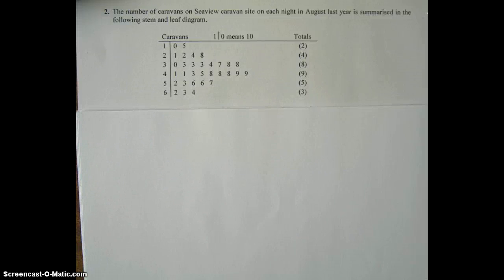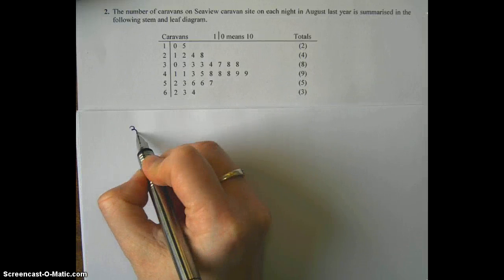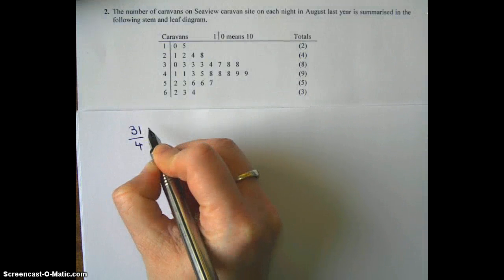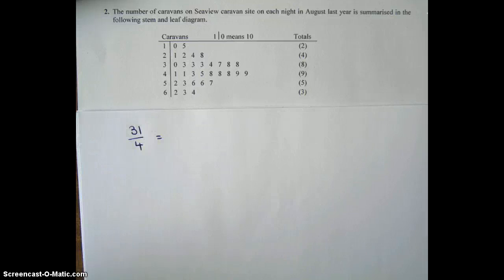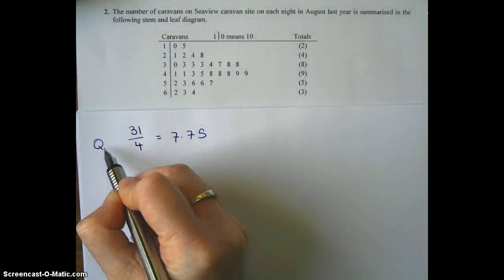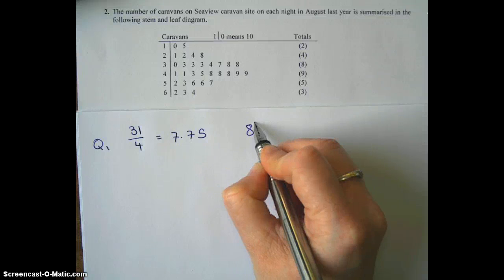We know each individual value. So, 31 divided by 4 is going to give us 7.75. So, to find Q1, we must go to the 8th value.